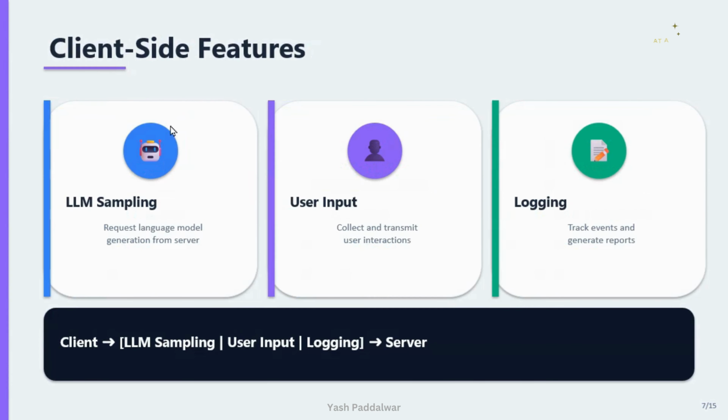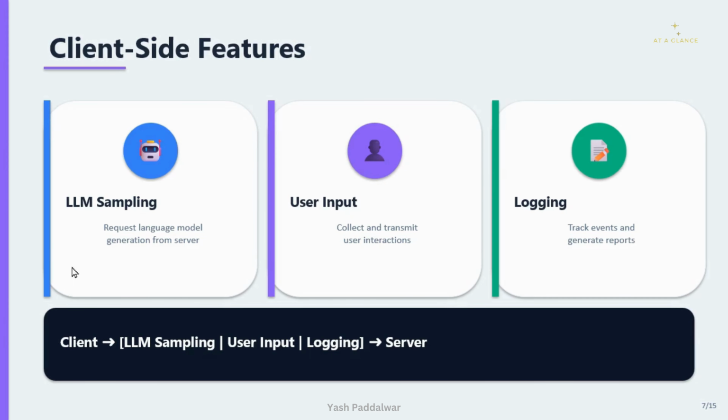Next we have some client side features. As you know, MCP is bidirectional. The server can also ask the client to do certain things. So here come the features of the client, where it can help the server if the server asks for anything. For example, the server might ask the client itself to call an LLM. The server might ask the user for input again, or there might be a chance that the client needs to send some logs or feedback.